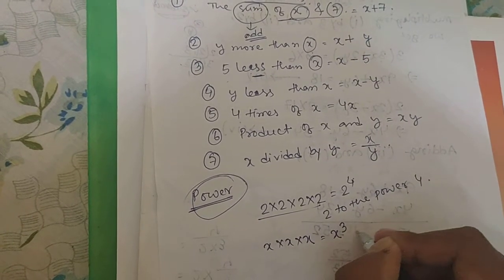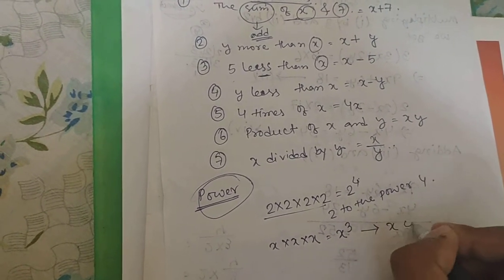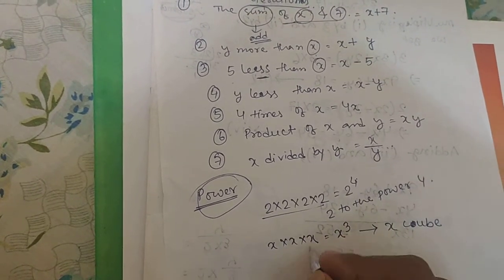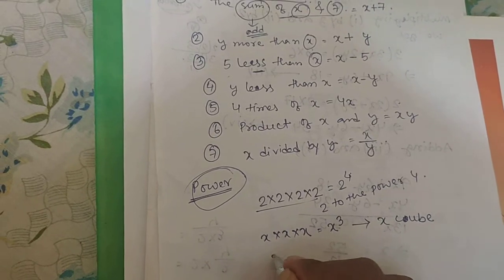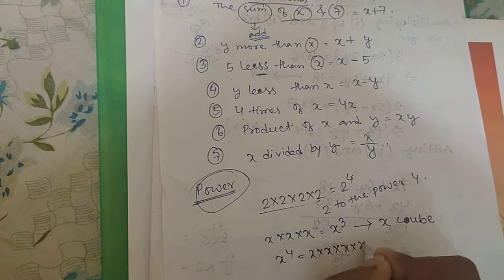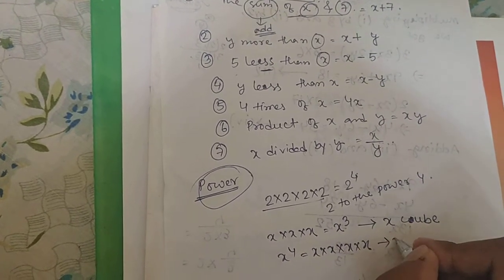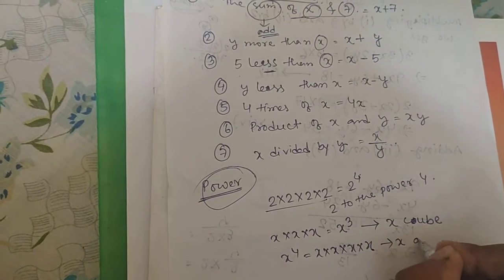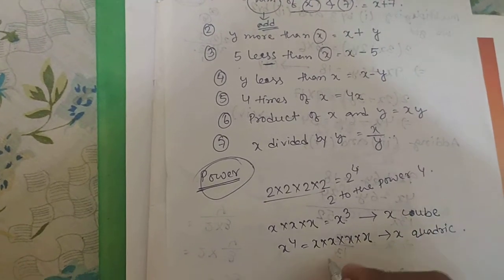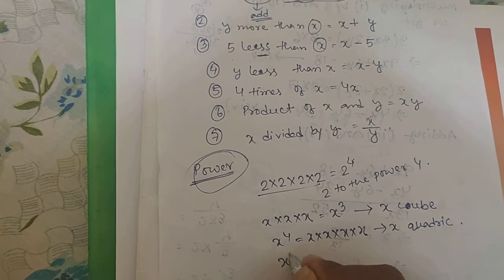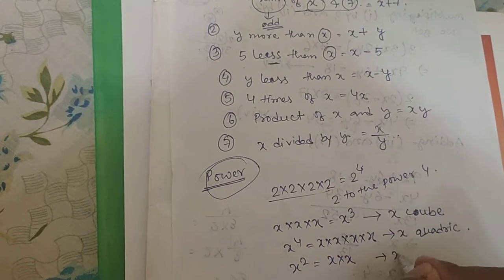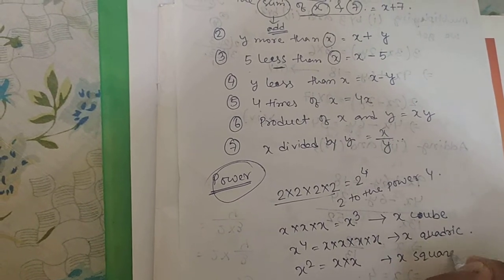Now x to the power 3 can be written as x cube. X to the power 4, which means x multiplied 4 times, and this is called x quadric. Suppose x square means x is multiplied 2 times, which means x square.